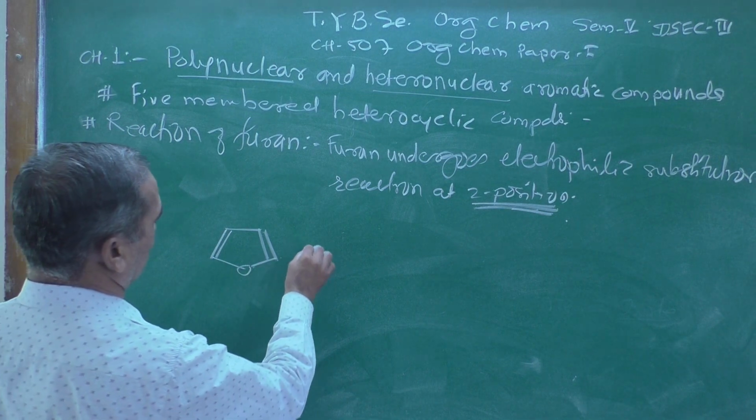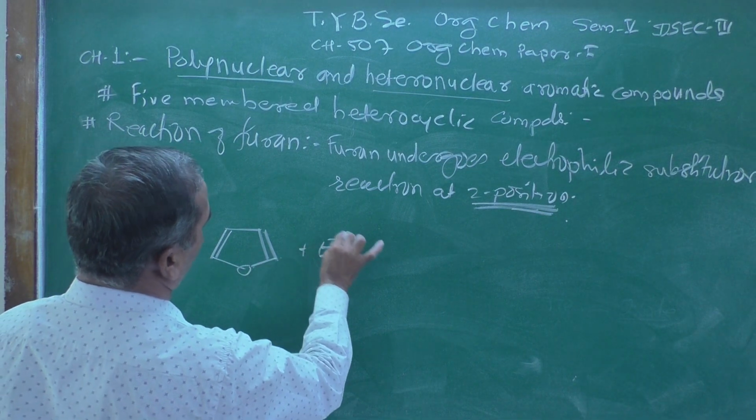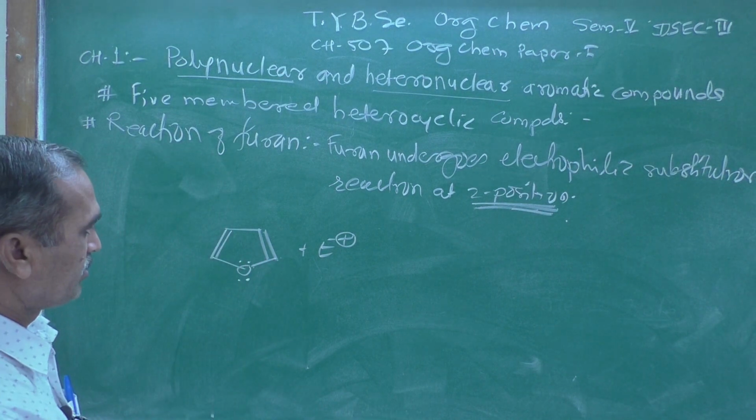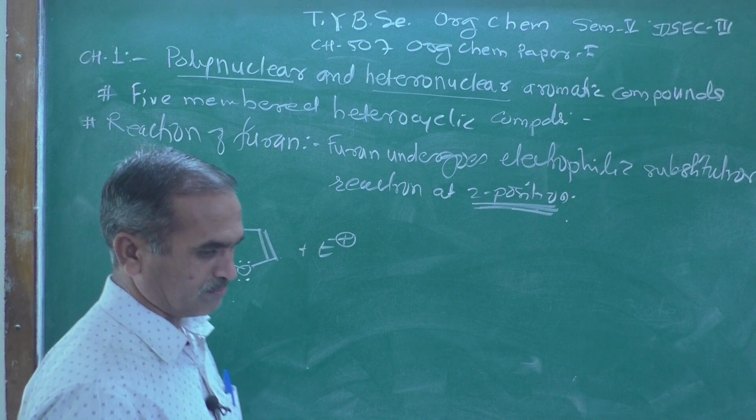Let's see here. Let us assume E stands for the electrophile, and that 5-membered ring can act as a nucleophile.